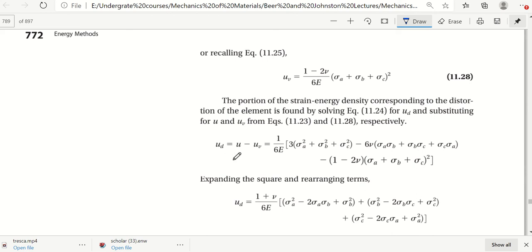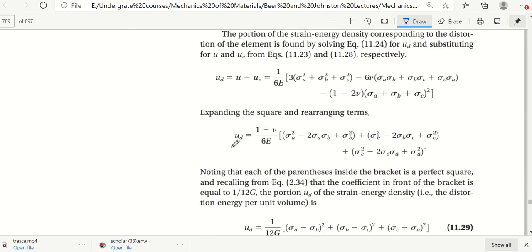So how we will get the distortion strain energy density? That will be equal to U minus UV. So subtracting the UV from U, we will get this expression for the UD.